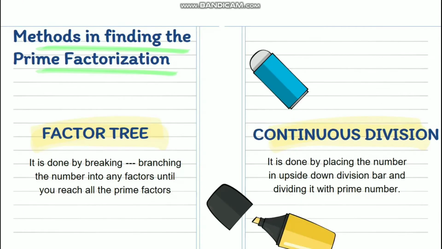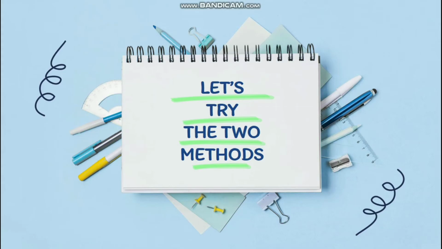We have two methods in finding the prime factorization of a number. First, we have the factor tree. It is done by breaking, branching, or splitting the number into any factors until you reach all the prime factors. The other one is continuous division. It is done by placing the number in an upside-down division bar and dividing it with a prime number. To understand these two methods clearly, let's try to use each of them.